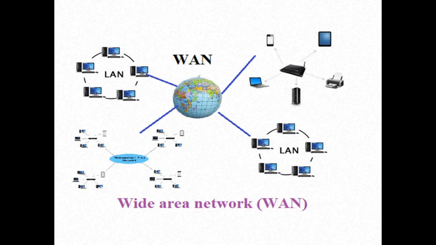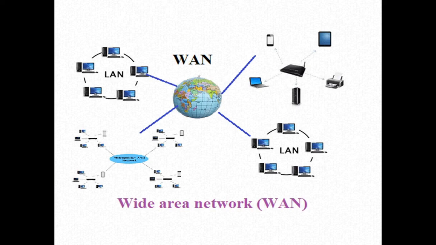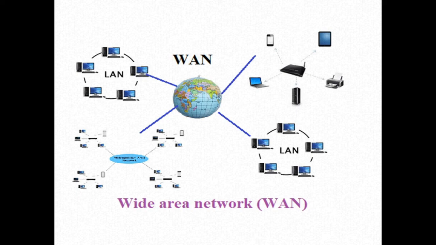Because in all these examples we see a huge wide area being covered, and that is what we discussed in the beginning, that as we move from personal area network to wide area network, what is getting changed? Children, the number of components which are getting connected increases every time, and the area is getting extended each time. So the wide area network, the best example of it is the internet.